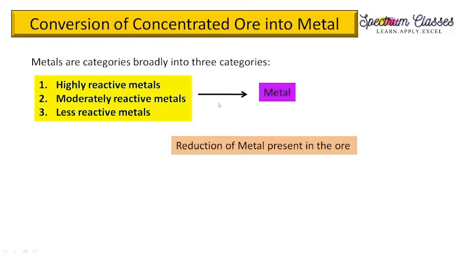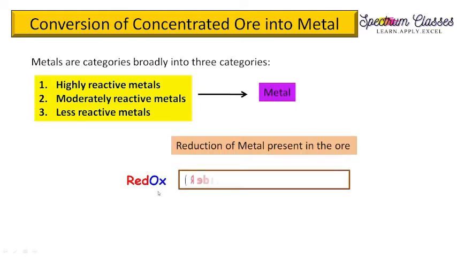This conversion of metal oxide to metal is termed reduction, and it involves oxidation too. As I told you earlier, a reduction reaction can't occur alone. It is always accompanied by oxidation. That is why we call them redox reactions. RED stands for reduction and OX stands for oxidation.